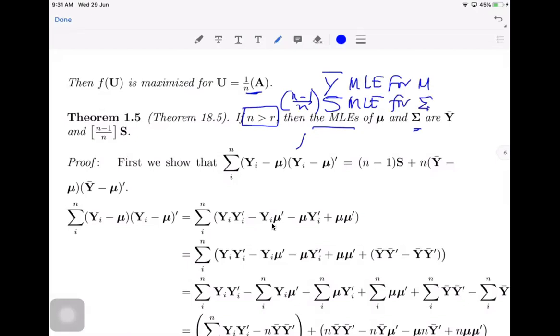Okay. So we first show that this is just equal to n minus 1 times S plus n times this term. So we will use this when it comes to the density.